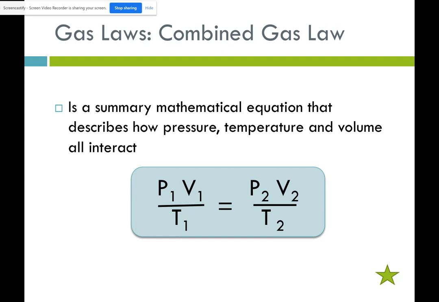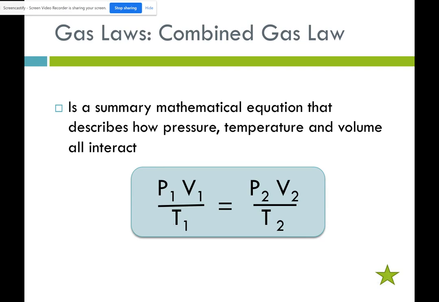How I used to remember this: it's P1V1 over T1 equals P2V2 over T2. I used to always remember it as potatoes and vegetables on the table. Come up with a little mnemonic like that. P and V are on top of T, so potatoes and vegetables are on the table. And then you'll know where each variable goes, so you won't be putting volume on the bottom by mistake.